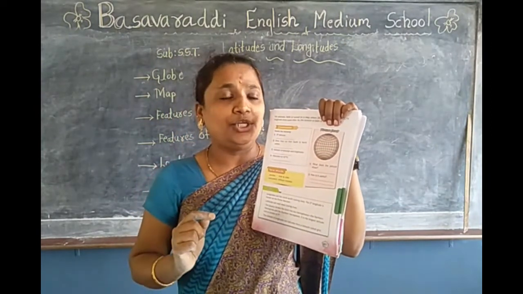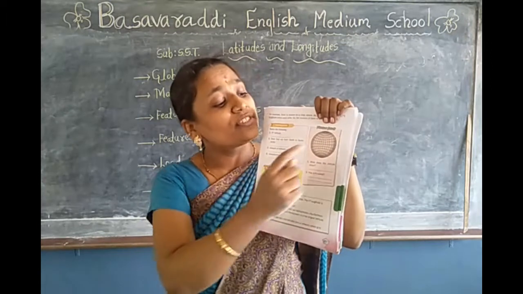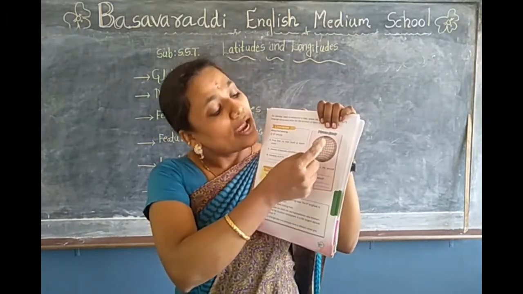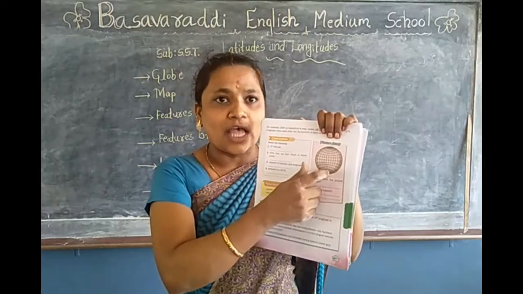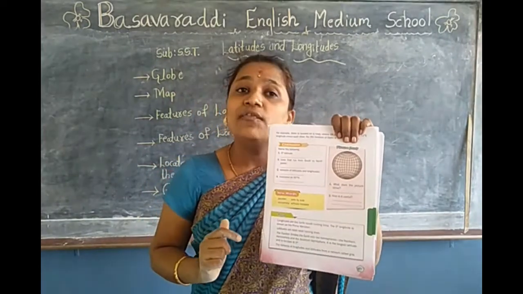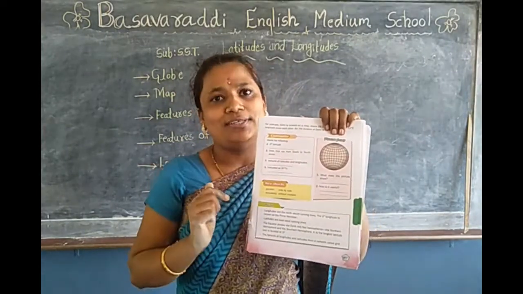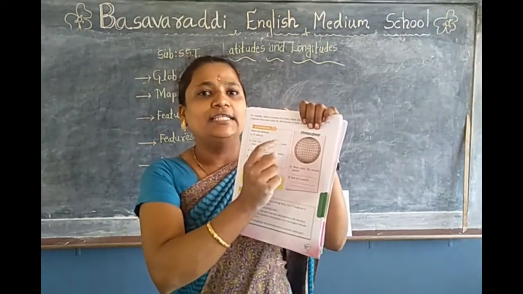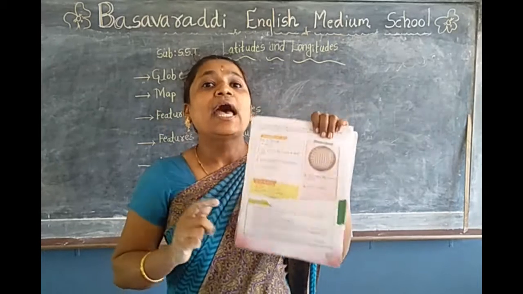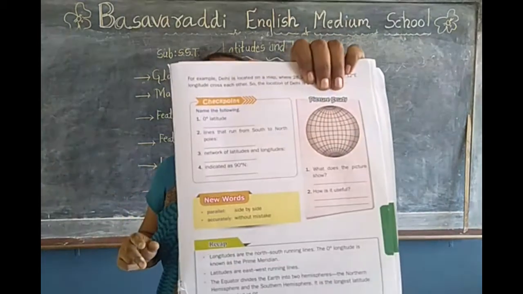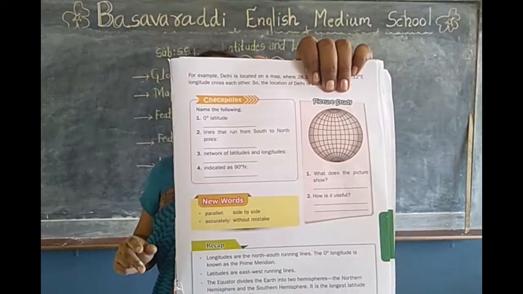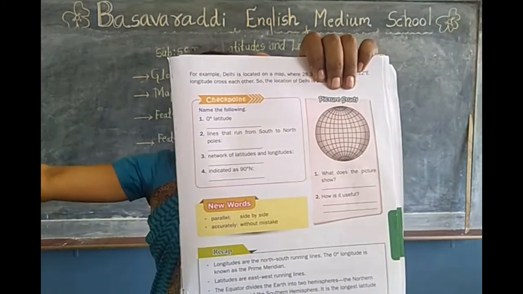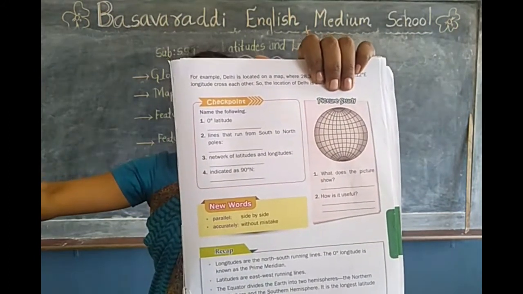As latitudes and longitudes run from east to west and north to south respectively, they form a network called a grid. This is called a grid. A grid helps us to locate places on maps and globes accurately.